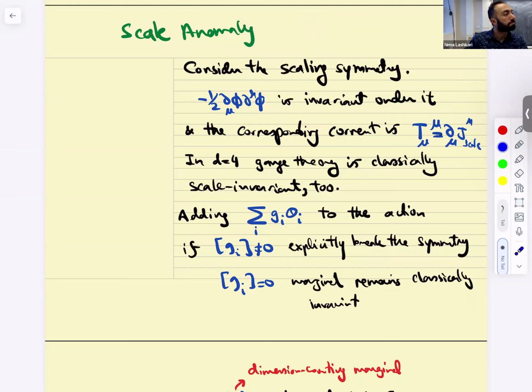Yeah, as you were saying, if we have a symmetry, then the dimension of the current is protected. But if we have an anomaly, now in quantum mechanics the symmetry is broken, then the dimension of that current should change, no? Well, when it's broken, what happens? We just did an example of this, the chiral anomaly.